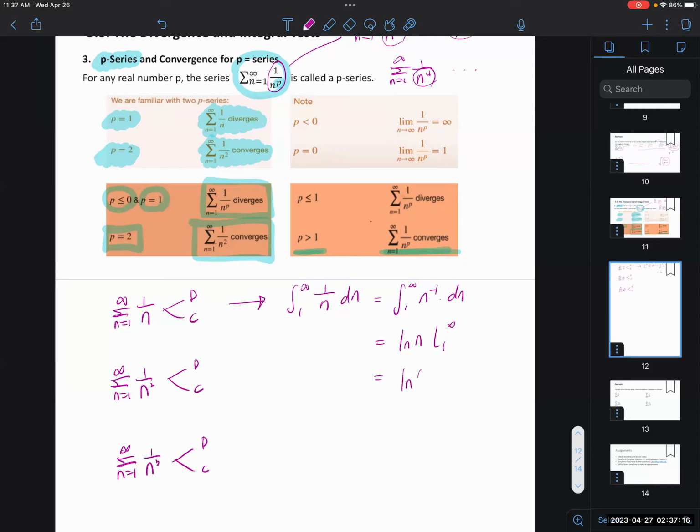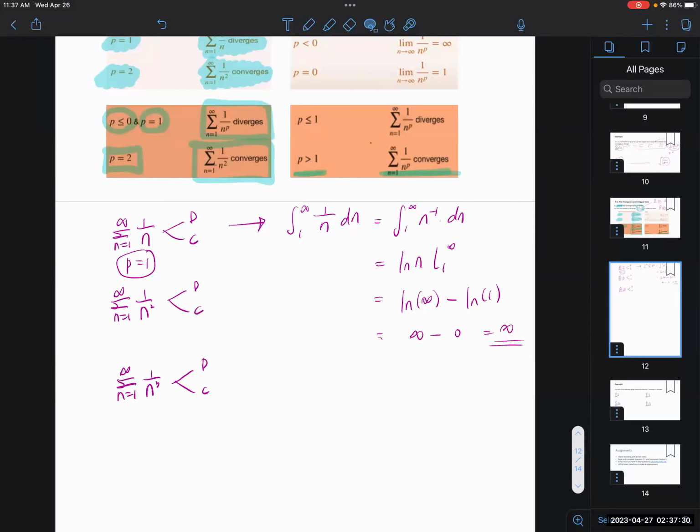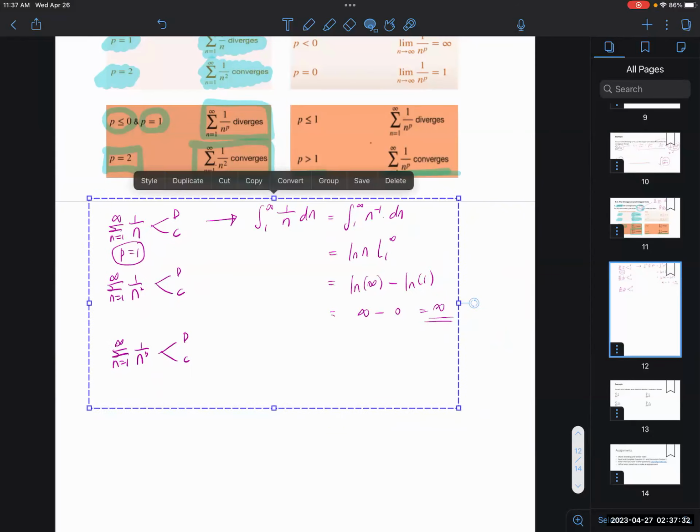So this is ln infinity minus ln 1, which is infinity minus 0, infinity. That's why when p equals 1, we got this series is divergent. Am I correct? Very, very true.